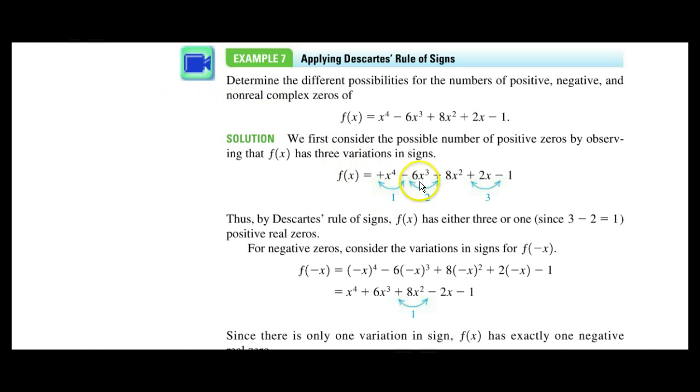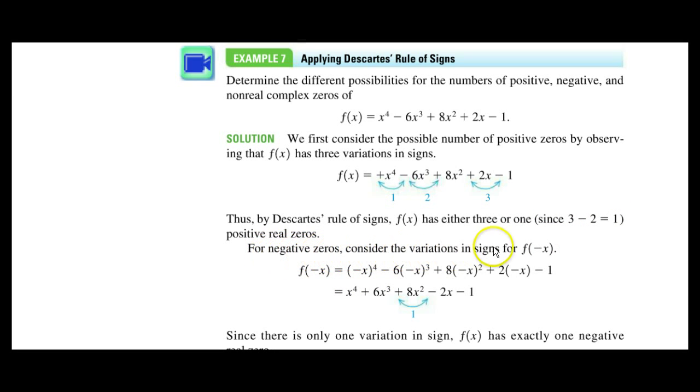Where if you have 1, 2, and 3 changes of signs, you end up with 1, which is an odd number, and 4 negative zeros.